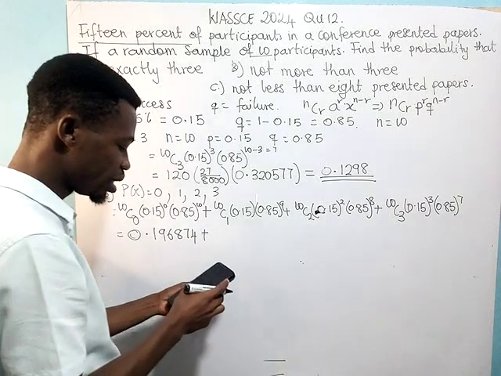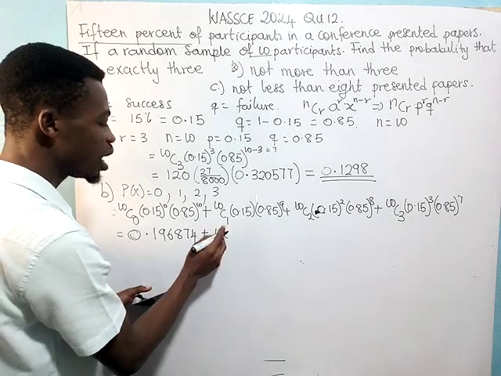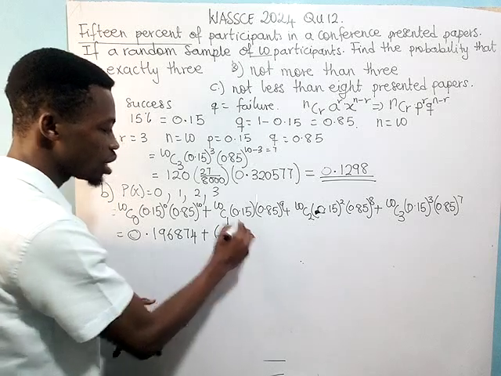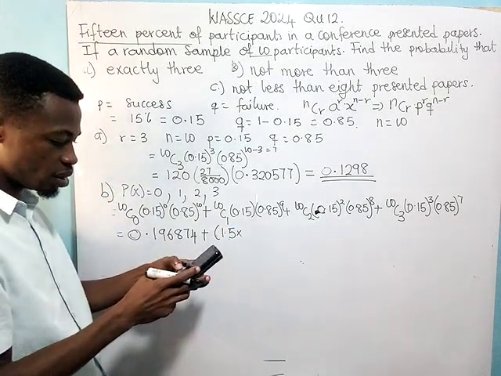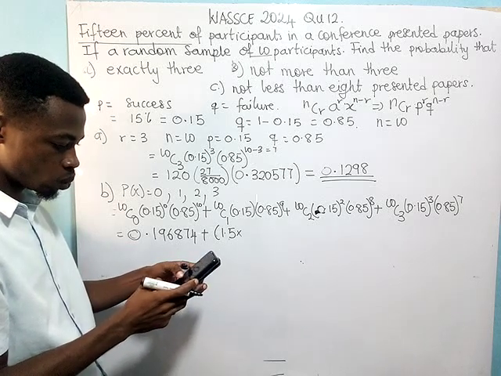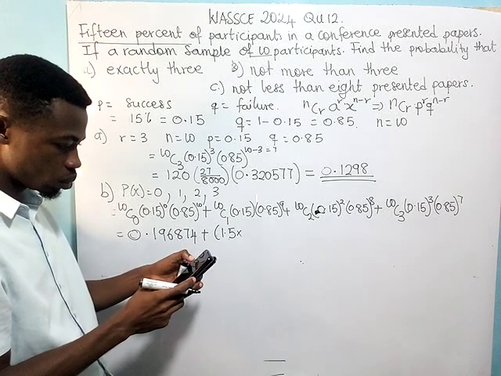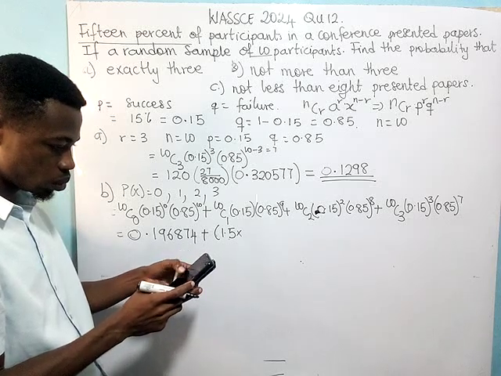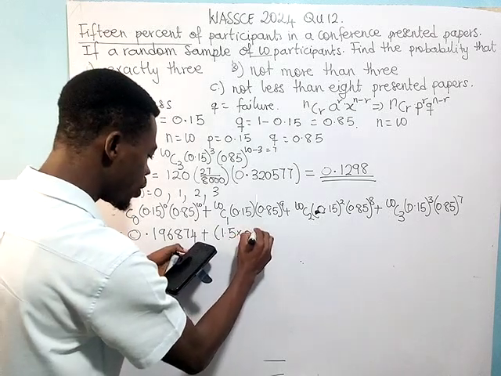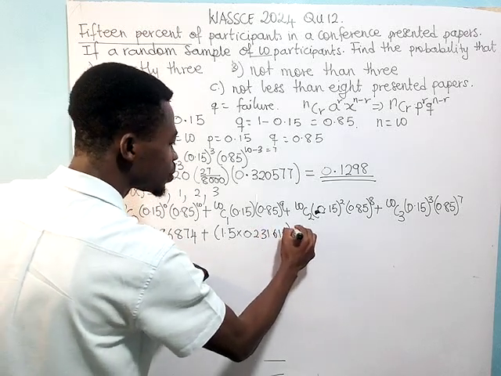Then 10 combination 1 is 10, so we have 10 multiplying 0.15, which is 1.5, times 0.85 to the power 9, giving us 0.231616.